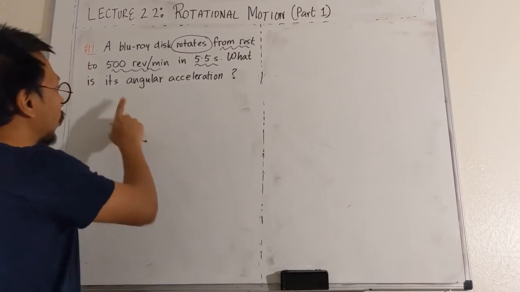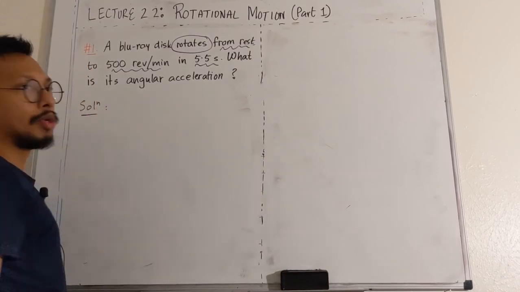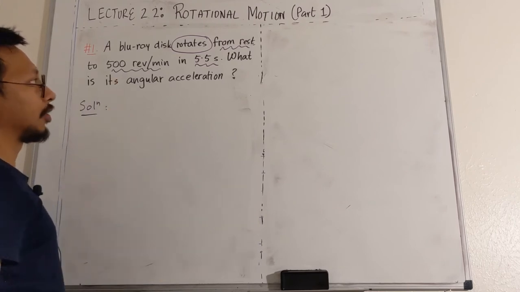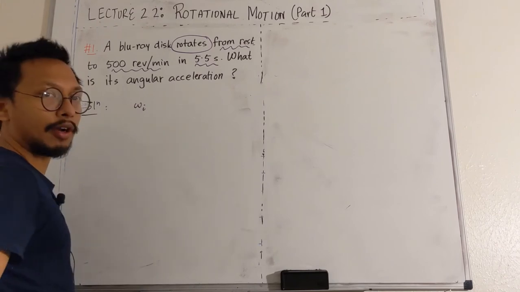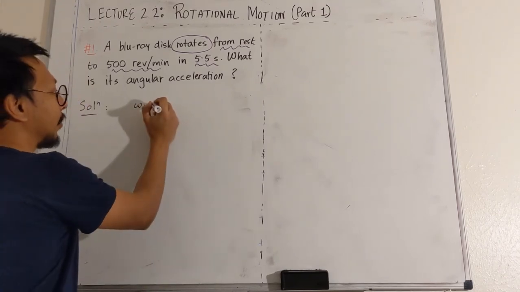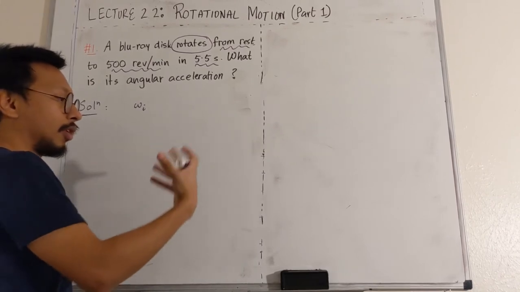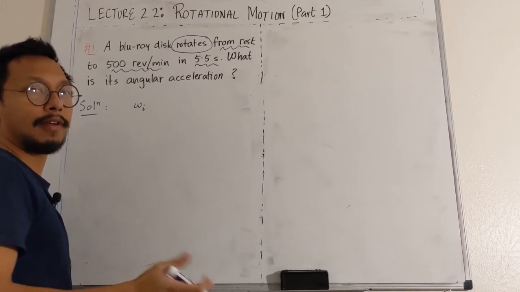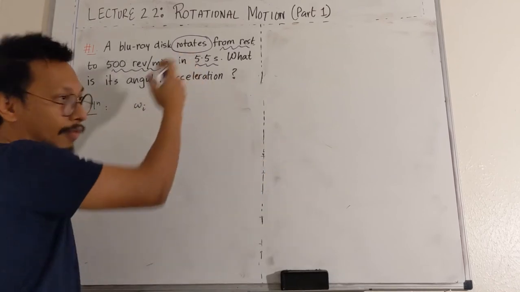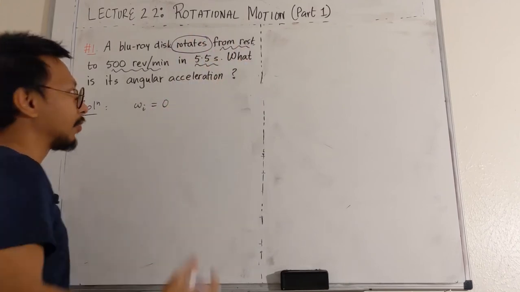Now, just like we used to do in kinematics a long time ago, we will note down all the quantities we know from this problem. We know initially the Blu-ray disc, before it started rotating, it was at rest, meaning rest now means it is both at rest rotationally, and also if there was a linear velocity, it started from rest. So omega i is equal to 0 as well as Vi was 0.